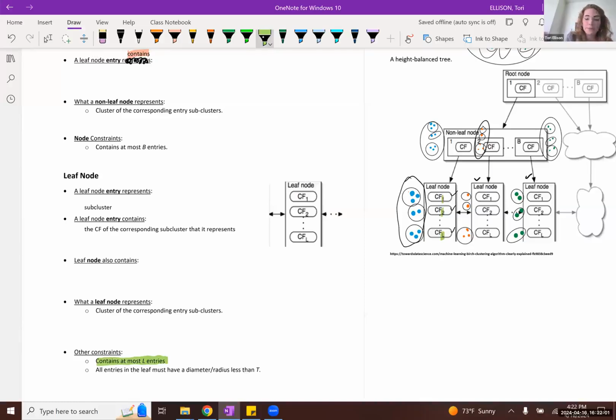And furthermore, each of the subclusters that are represented with clustering features in this corresponding leaf node is required to have a diameter or a radius, whichever one you're using, less than T, your pre-specified threshold.